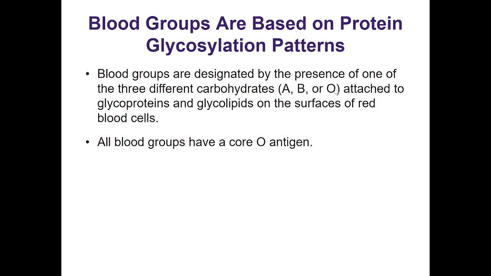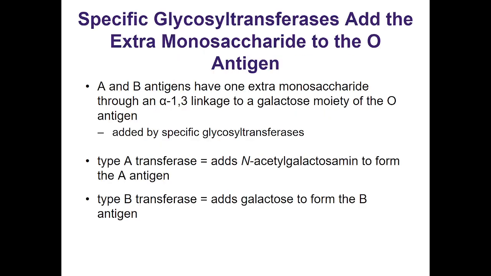Because it's actually the core that everything else derives from. So the A and B antigens are going to have one extra monosaccharide through an alpha 1,3 linkage to a galactose moiety of the O antigen. This is added by specific glycosyltransferases.